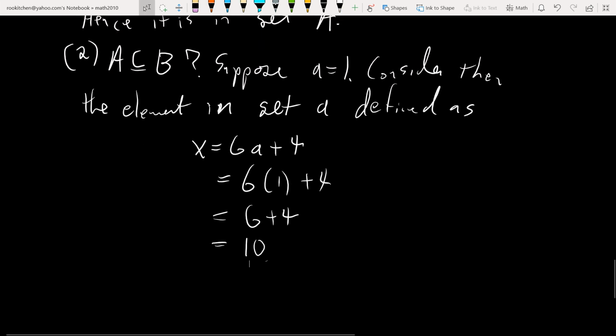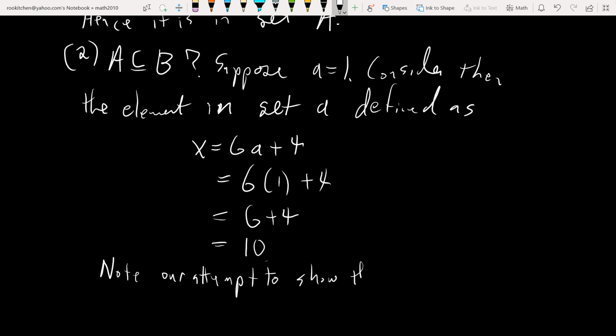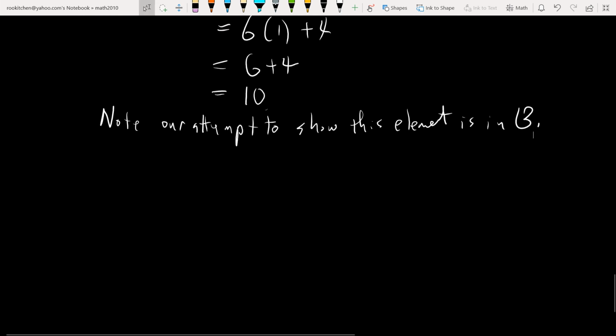Okay, so supposing A is a subset of B, we're going to end up with a contradiction, right? So note our attempt to show this element is in B. So supposing this element was in B, we would have the following.